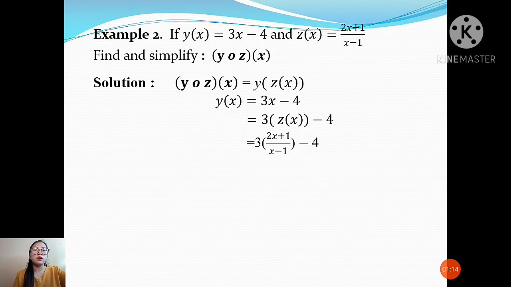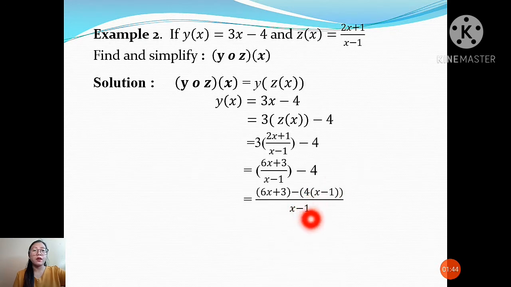Now we distribute 3 in this quantity: 3 times 2x is 6x, 3 times 1 is 3, over x - 1, then minus 4. To solve this, we have to find first the LCD. The LCD is x - 1, obviously.